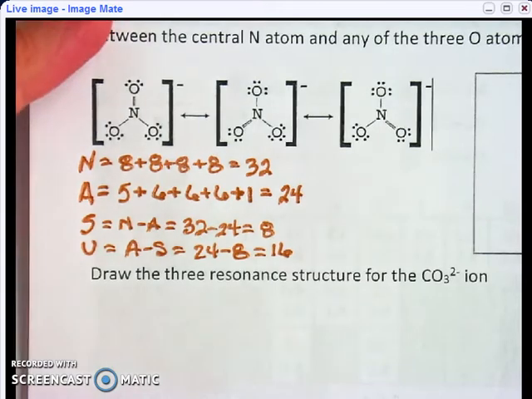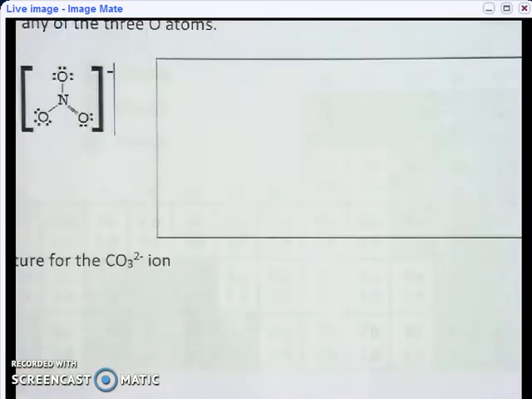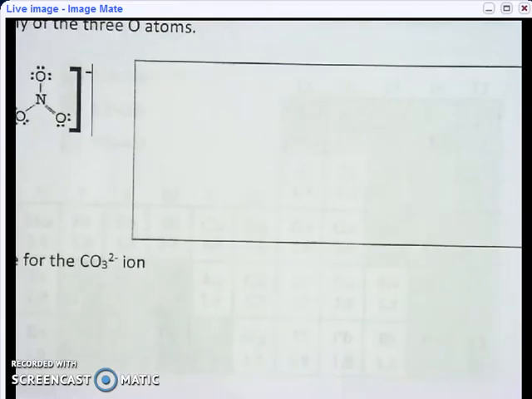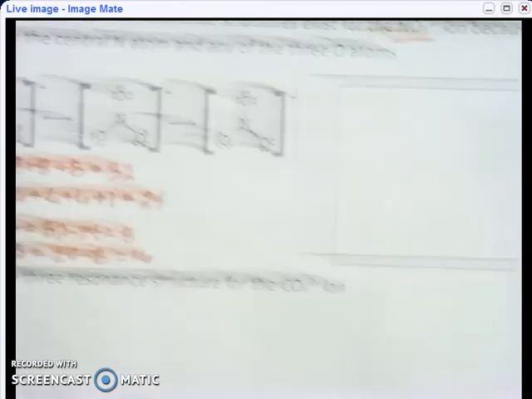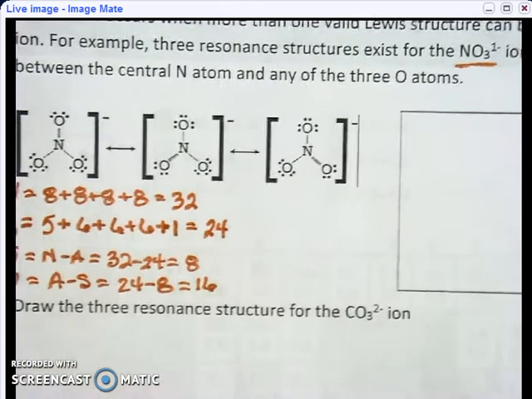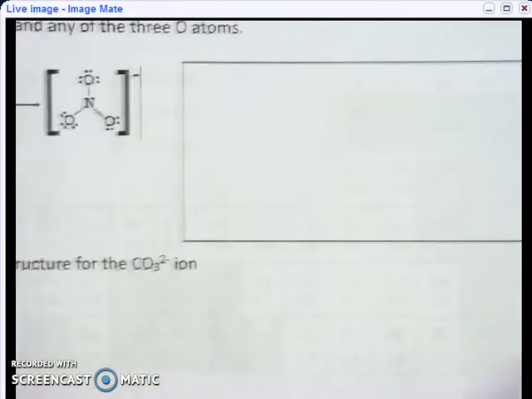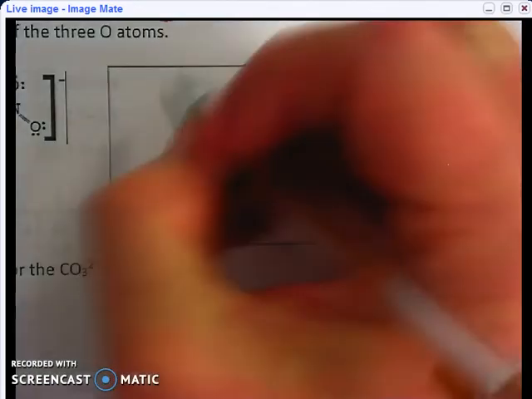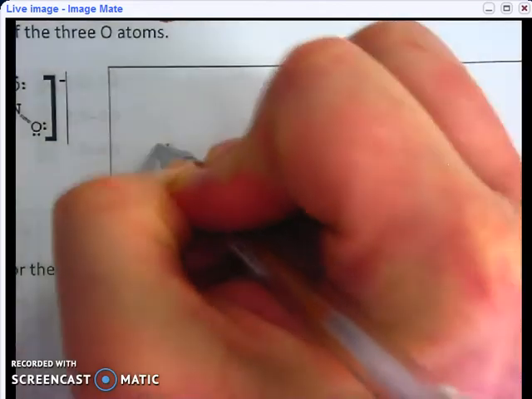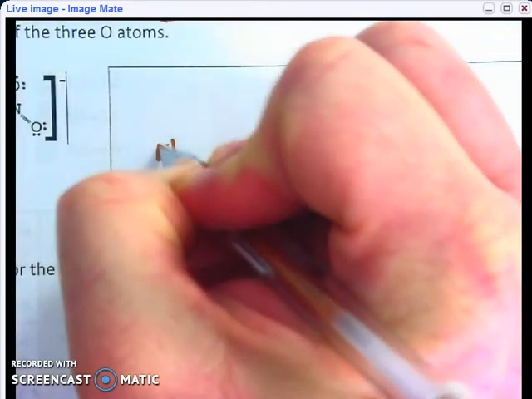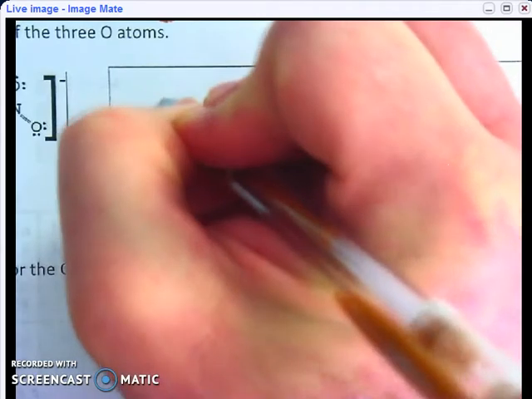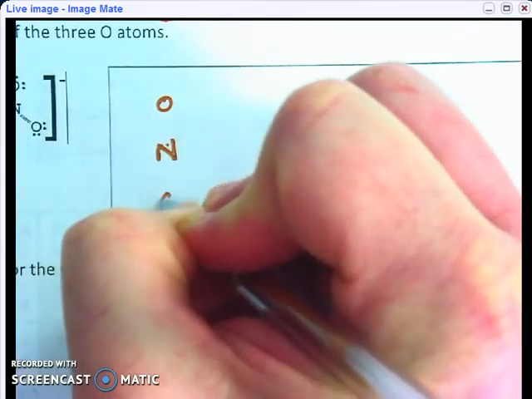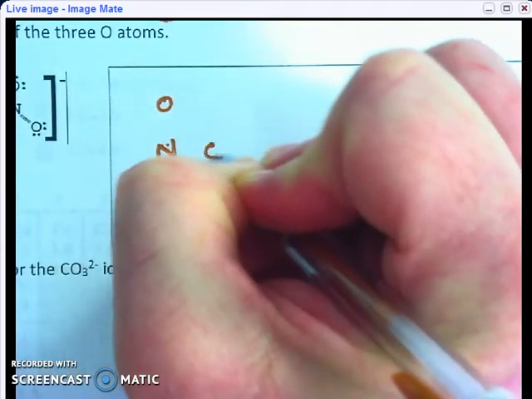So how do we draw that? Well, that's what I left this box here. Now you can't fill up the whole box because we're going to actually draw all 3 of these inside this box. It's a little bit of a squeeze, but I think we can do it. So nitrogen's in the middle. And I'm going to do it a little bit different from theirs. I'm just going to put an oxygen on top, oxygen on the bottom, and 1 to the side.